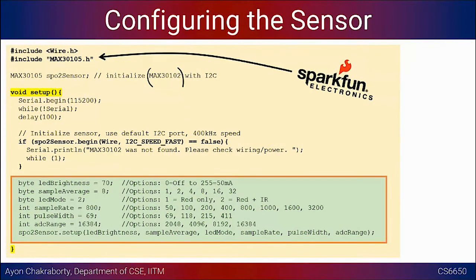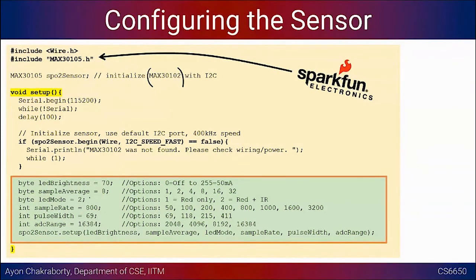Let's say the LED brightness, right? What is the intensity that you are putting in, and the sampling average, how many averages, what is the size of your averaging window, whether it is 1, which does not mean any averaging, 2, 4, 8, 16, and 32. All these things could be selected by choosing a byte. Okay.